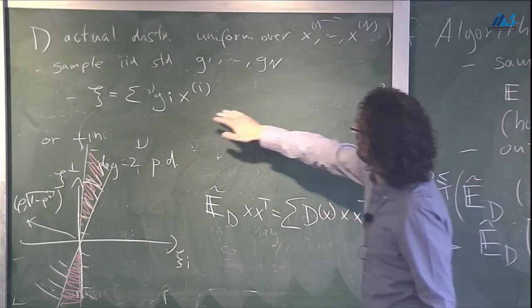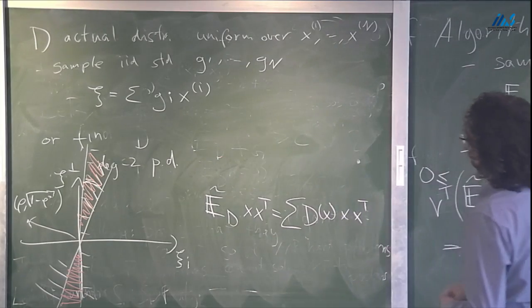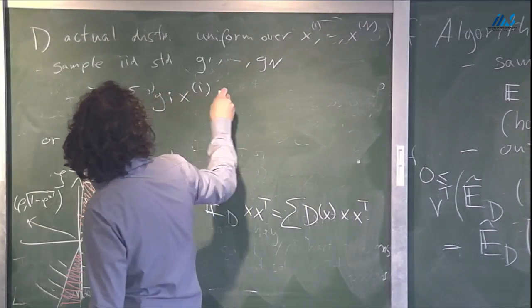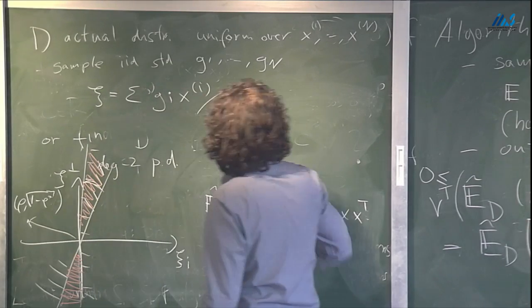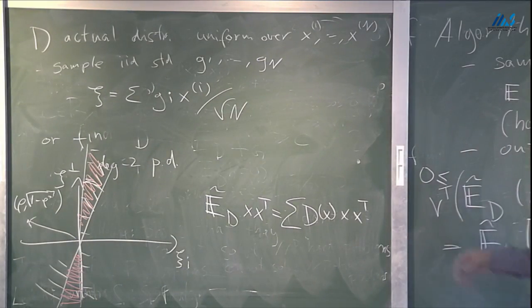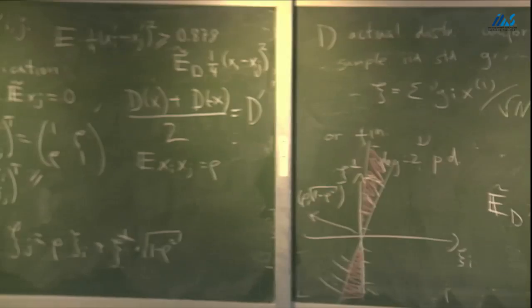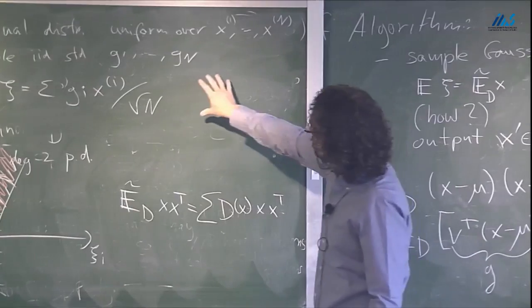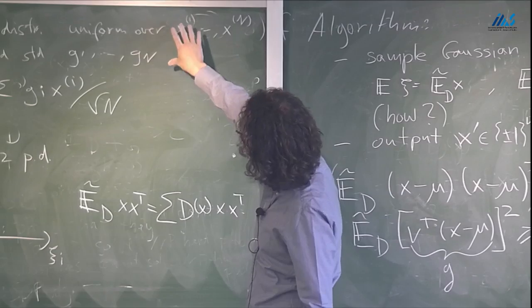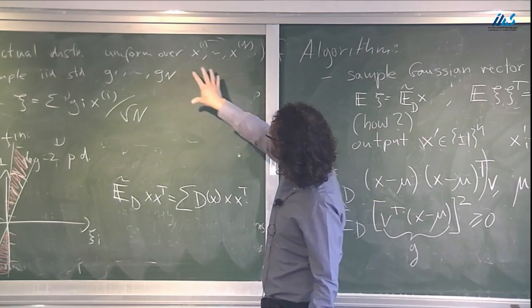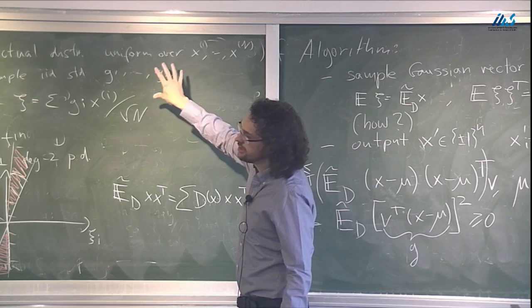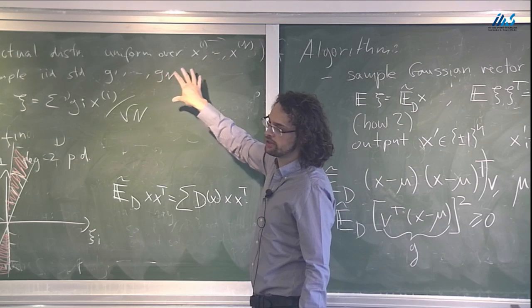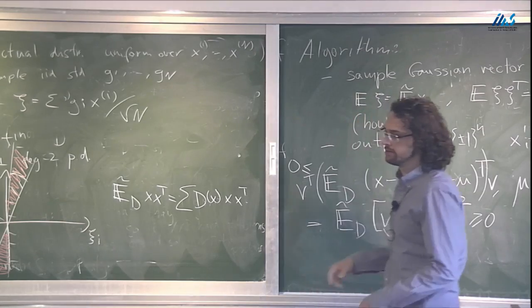I think you have to divide by root n. This procedure will give you exactly this kind of distribution, and this distribution is unique. So if you had an actual distribution, one way to interpret this Gaussian rounding is that you just take a random linear combination of the support of your distribution.